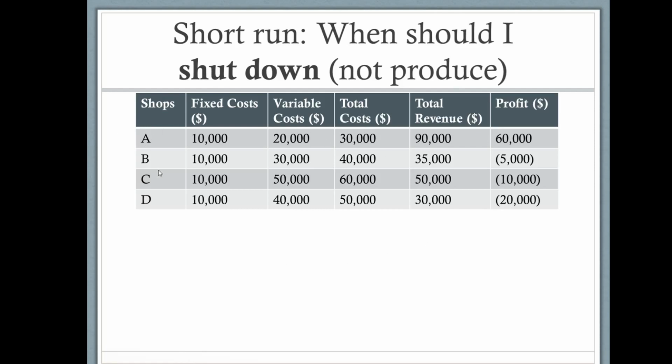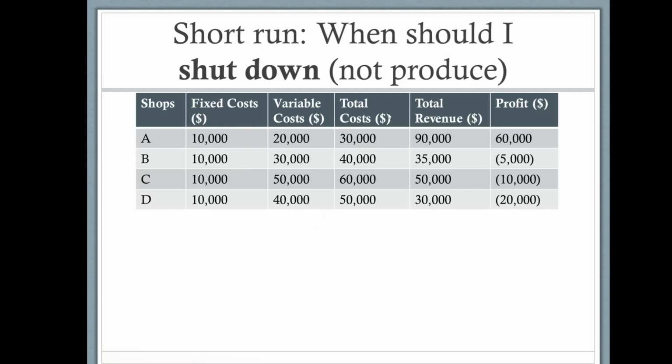you will see 4 shops. They have different costs and total revenue, and then they will have their own profit amount. These are all hypothetical numbers. For the fixed costs, let's say they all have the same fixed costs and they have different variable costs.